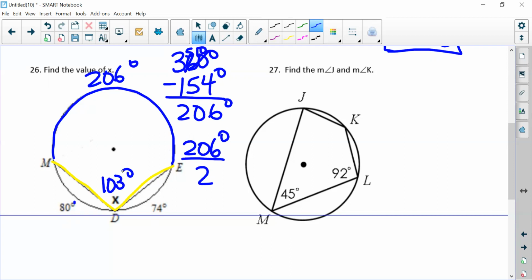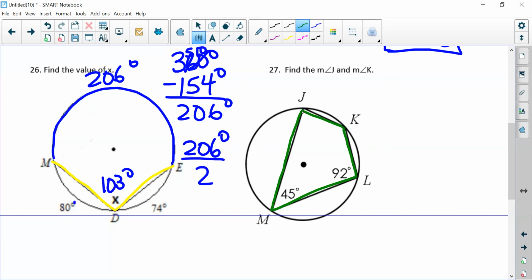Okay, for number 27, they asked us to find the measure of angle J and the measure of angle K. Okay, right here we have a quadrilateral. Look, 1, 2, 3, 4 sides.